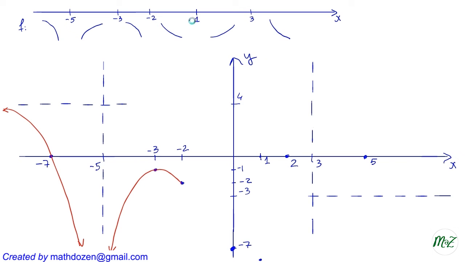Then between -2 and +1, the graph should be concave up and decreasing, and it should go through the y-intercept at -7 and should arrive at this point. Okay, so we connect the dots. Then between 1 and 3, the graph should be concave up and increasing, and it should go through this x-intercept at 2.